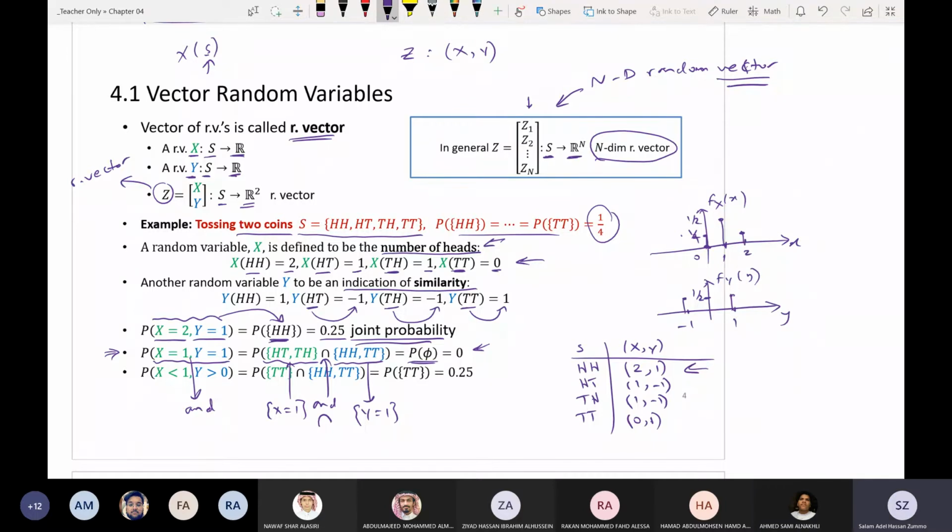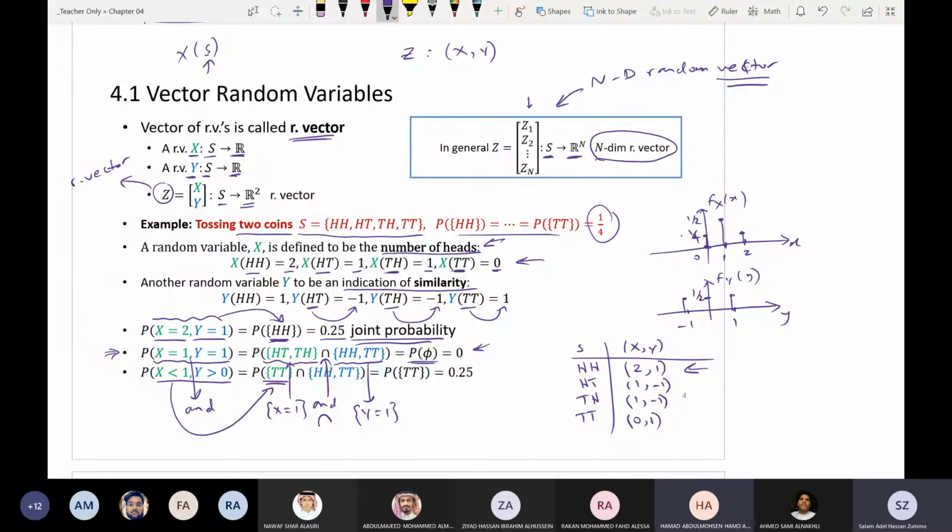So basically, I can now define the probability of any two events on X and Y jointly. We call it joint probability. For example, let's talk about the probability that X is strictly less than 1 and Y is strictly larger than 0. When does this happen? X less than 1 means tail, tail.